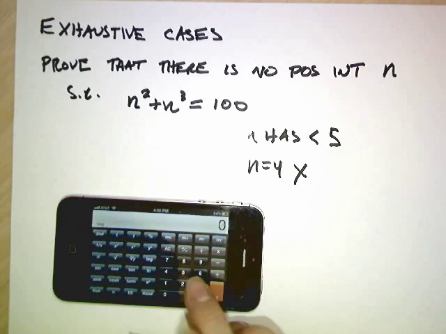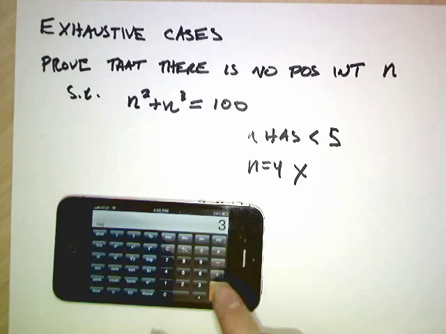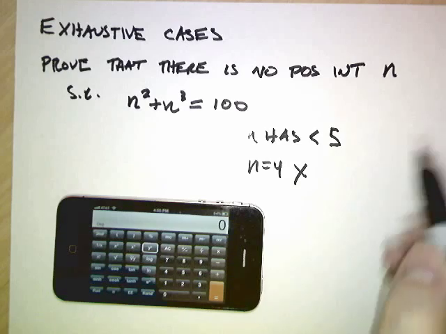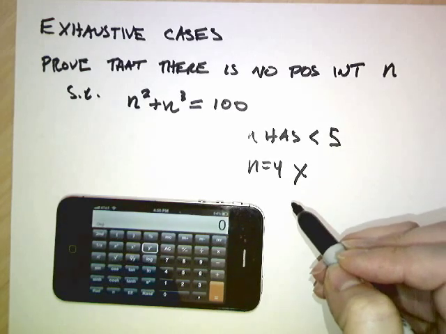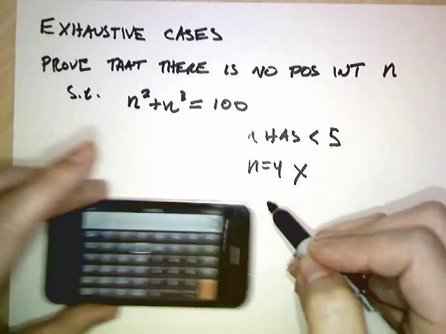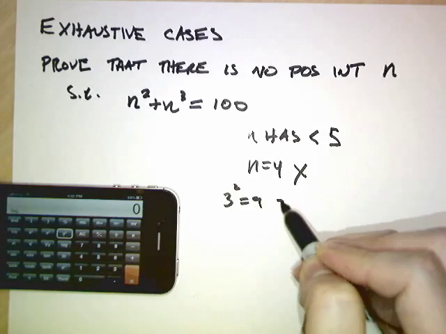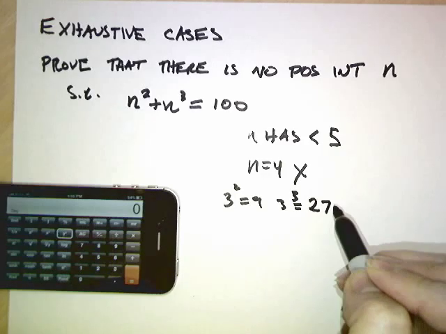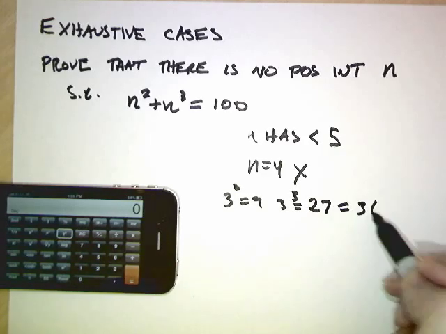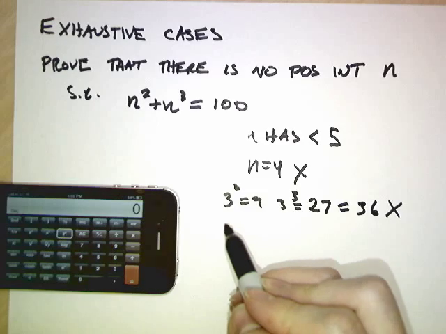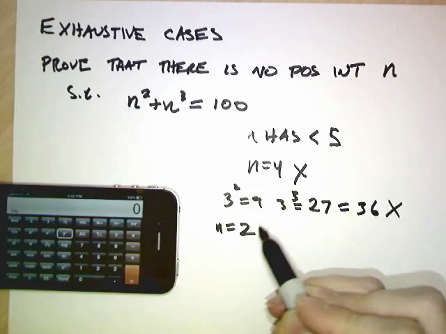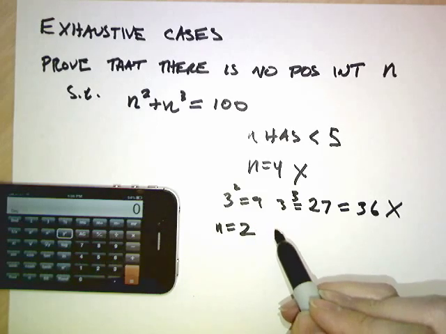How about n equals 3? 3 squared is 9. 3 cubed is 27. So when you add them, you get 36. This doesn't work. What about n equals 2? Well, 2 cubed is 8. 2 squared is 4.